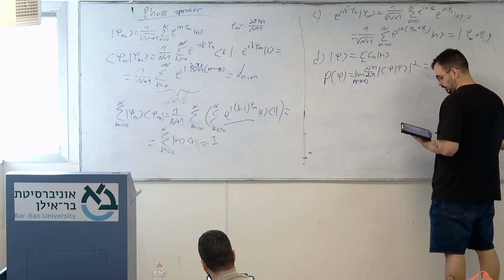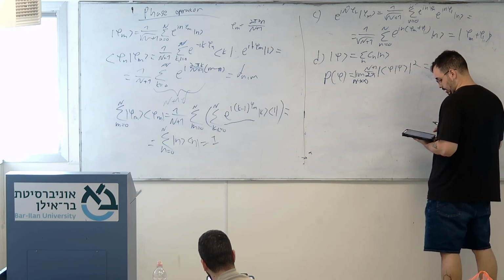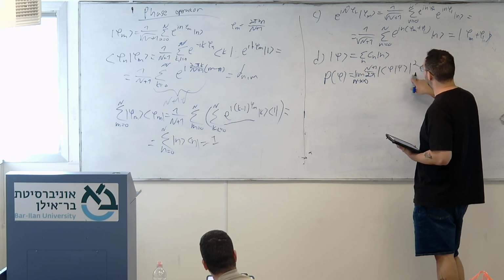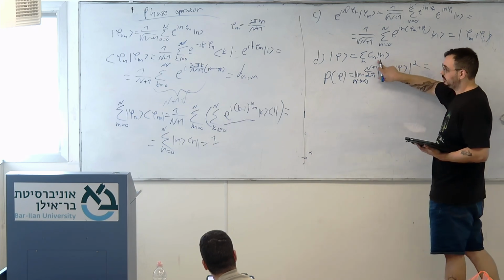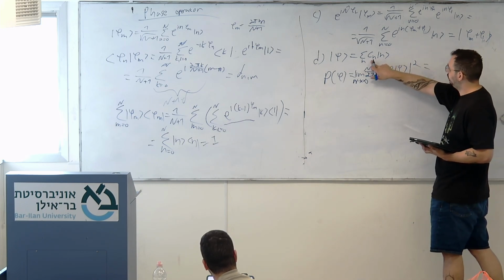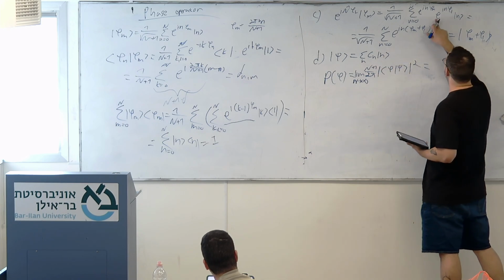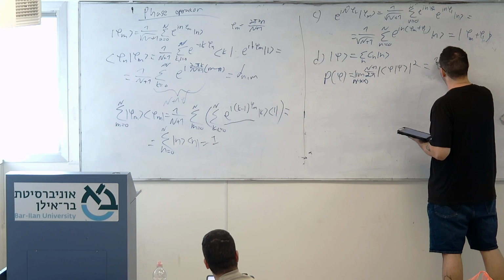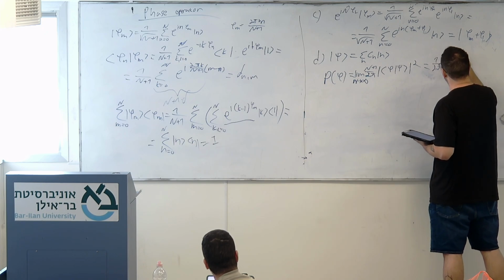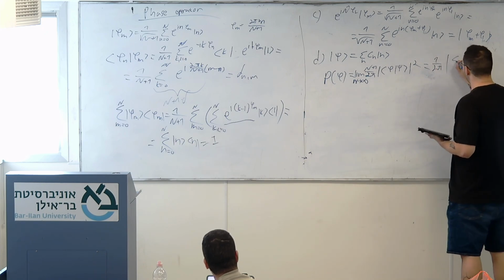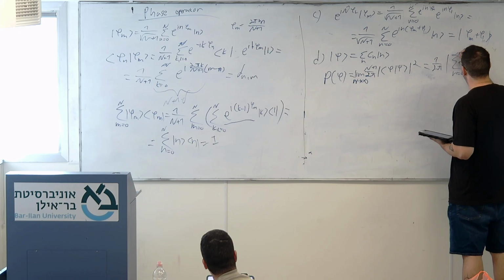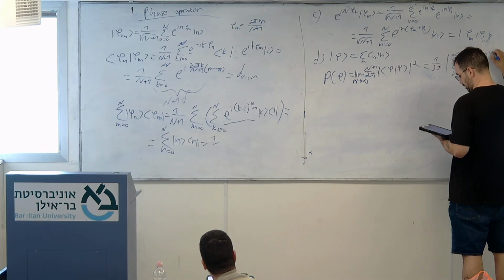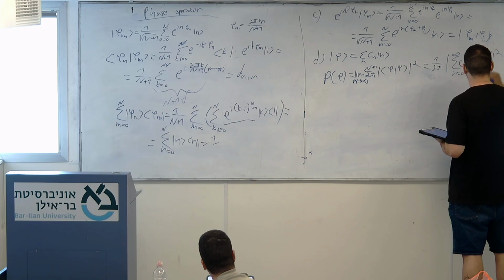Anyway, the absolute value of these two terms squared would just be taking the coefficient of the n state times the coefficient of the n state here, because they're orthonormal. So we just have 1 over 2 pi times the absolute value of the sum n goes from 0 to infinity C_n e to the minus i n phi, squared.